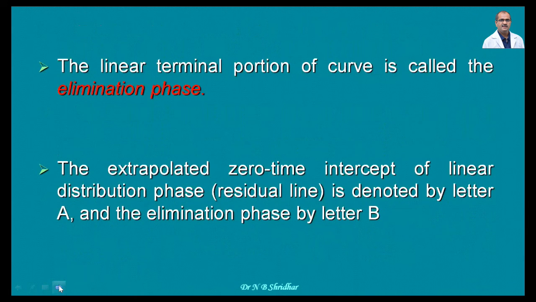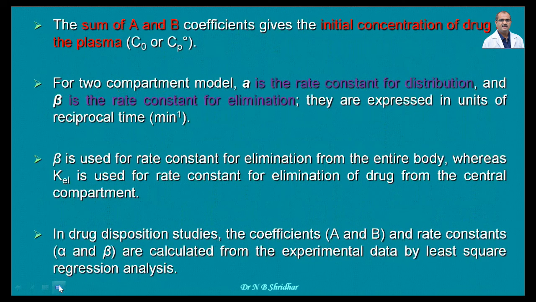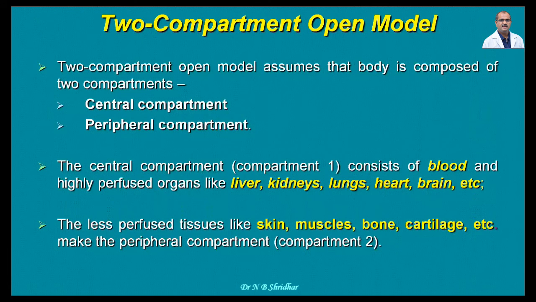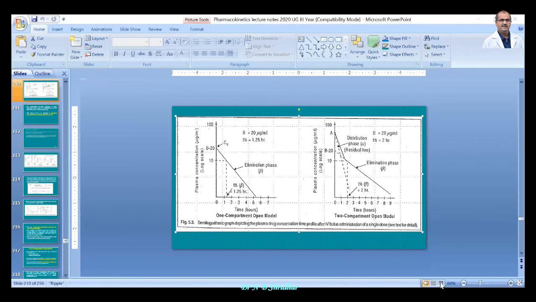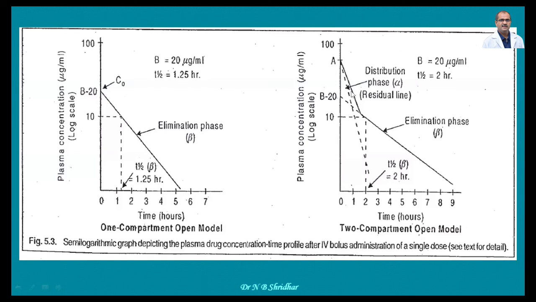The linear terminal portion of the curve is called the elimination phase, and the extrapolated zero time intercept of the linear distribution phase is denoted by the letter A and the elimination phase by B. Here you can see the graph. Whenever the drug is given, there is a sudden steep decrease in the concentration of the drug; this is due to the distribution phase, also known as the alpha phase.